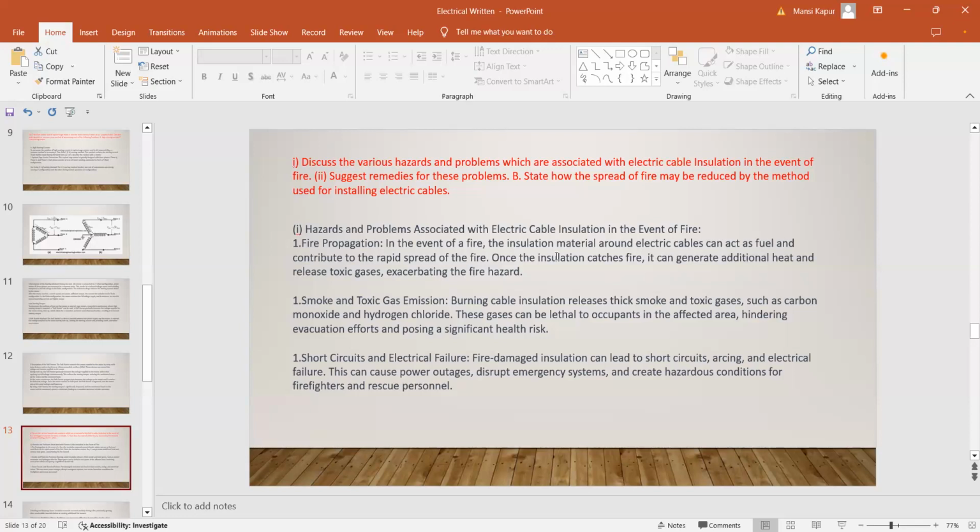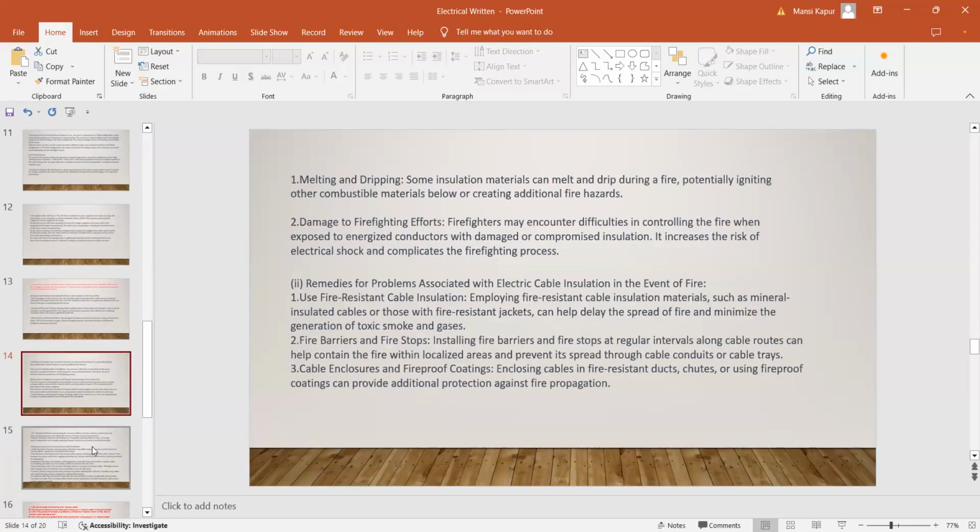Third one is short circuit and electrical failure. Fire-damaged insulation can cause short circuits, arcing, or electrical failure. This can cause power outages, disrupt emergency systems, and create a hazardous condition for firefighters and rescue personnel. Melting and dripping. Some insulation material can melt and drip during the fire, potentially igniting other combustible material lying just below these electrical cables, right?